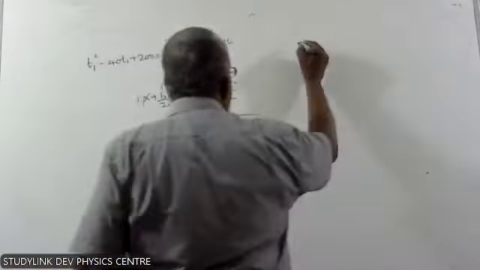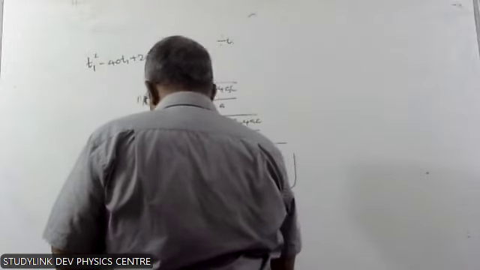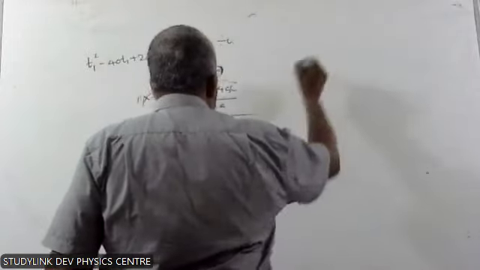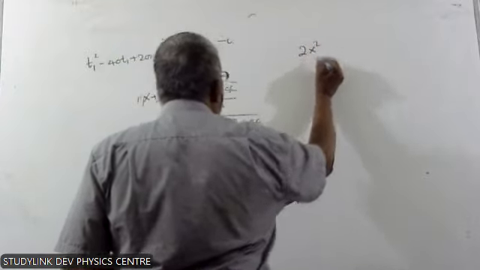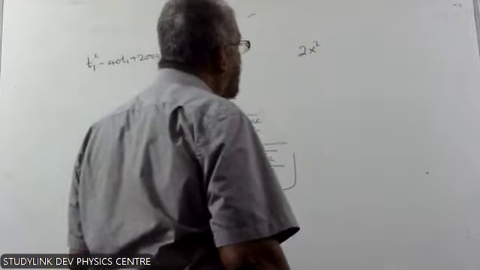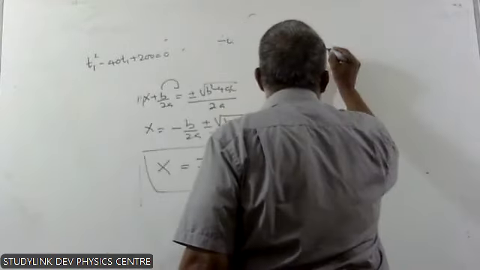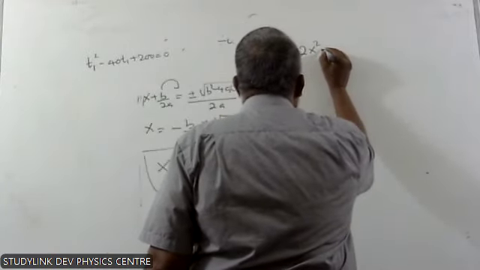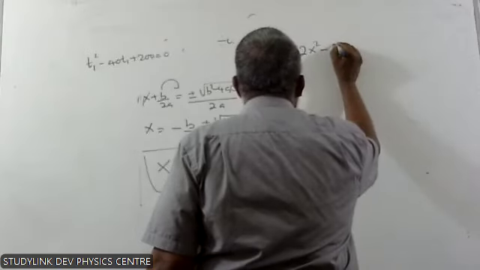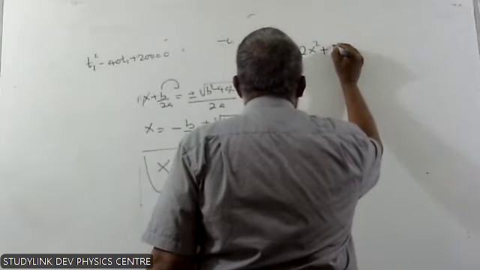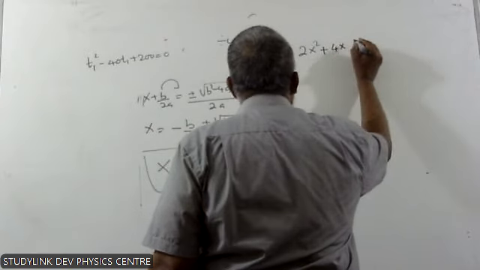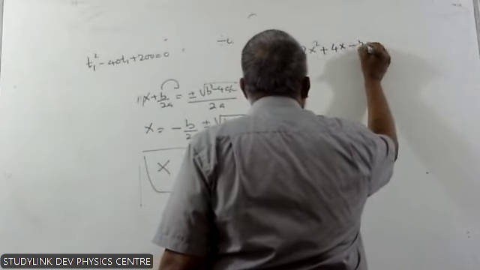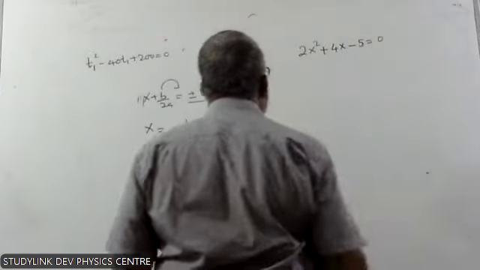We'll say the given equation is, for example, 2x squared plus 4x minus 5 is equal to 0.